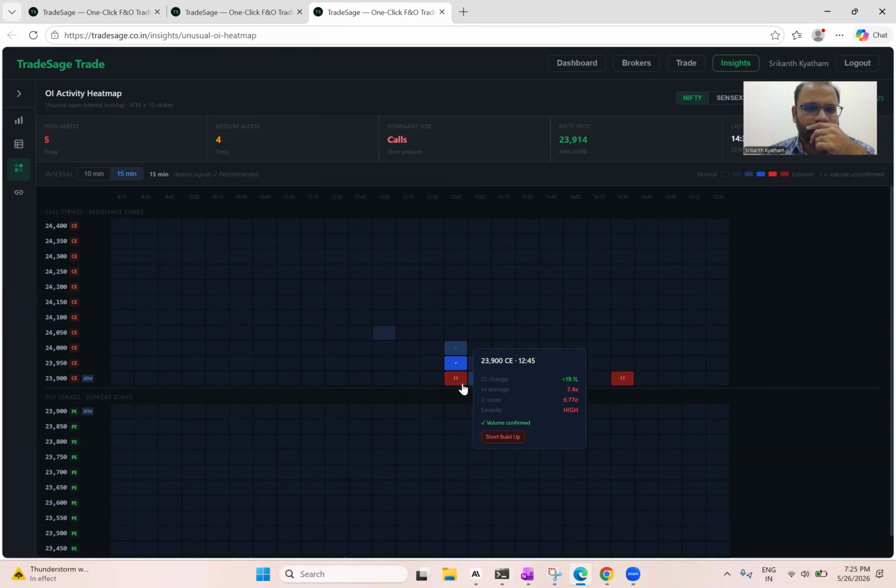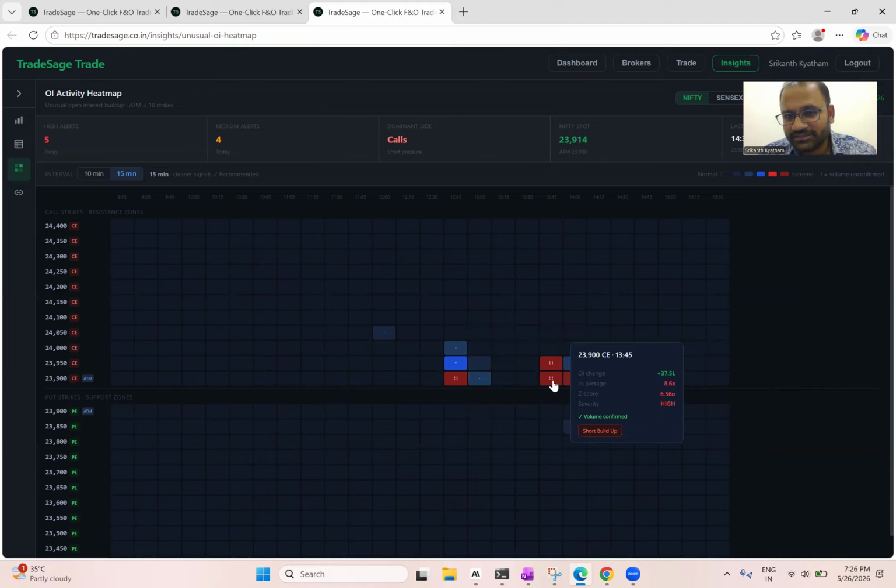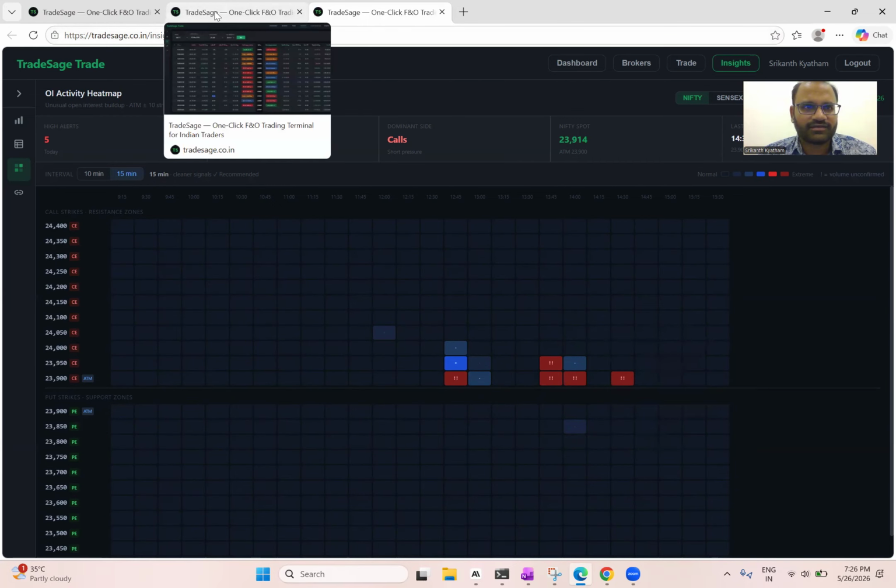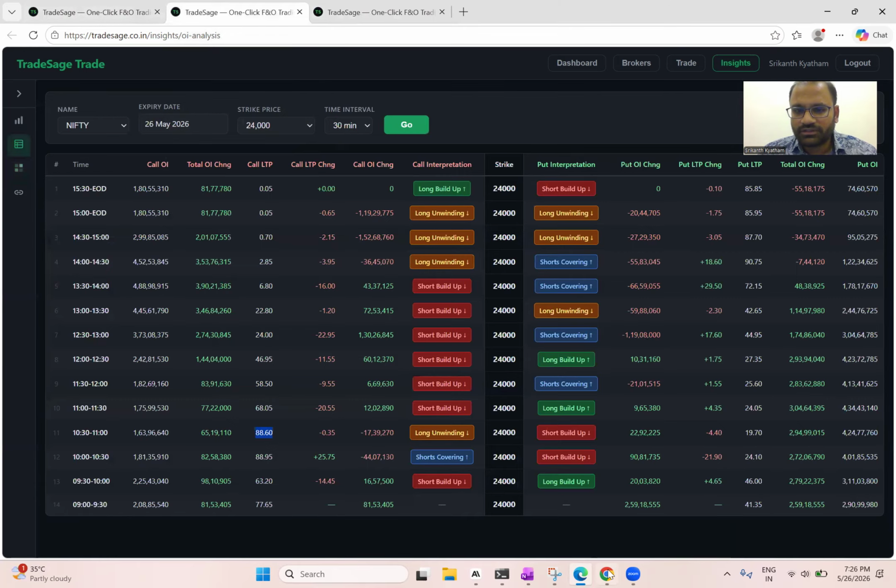There are also cases where the shorts or the big money might buy the CE since PE at 12:45 would be cheaper, and there is a possibility that the market can reverse. So watch out, that's what this heat map is indicating. But especially in this case, it's all short build up, so I would stay away from buying a CE strike.